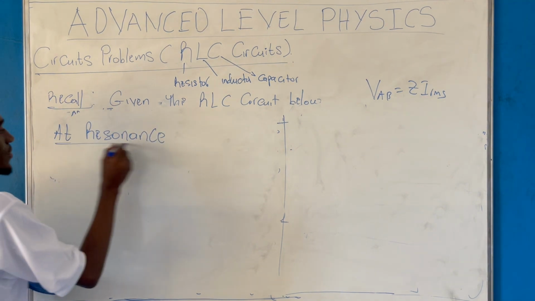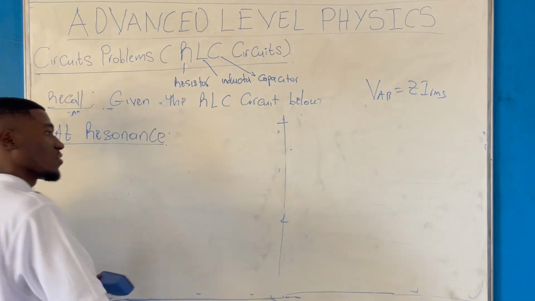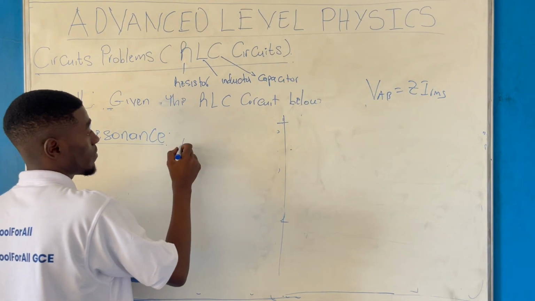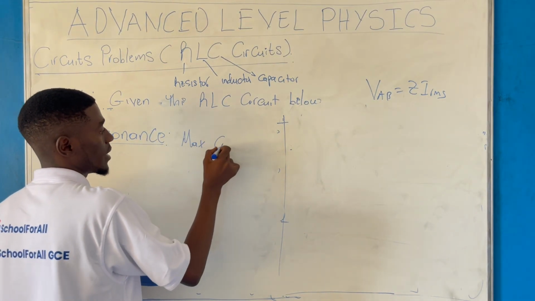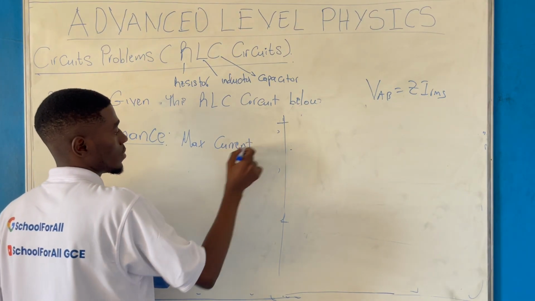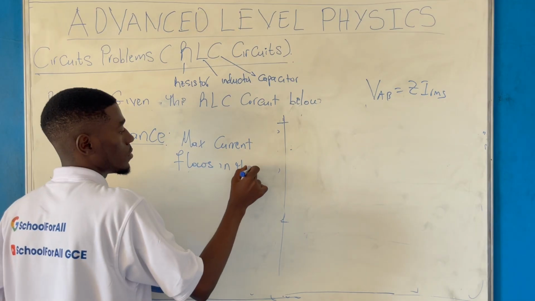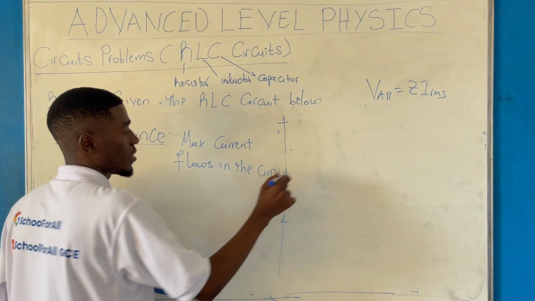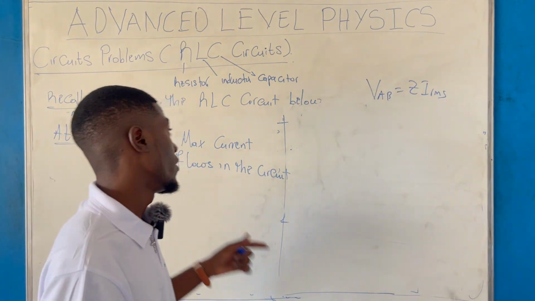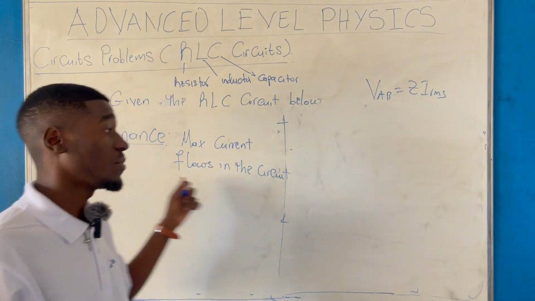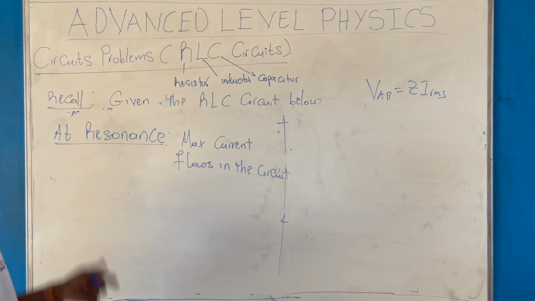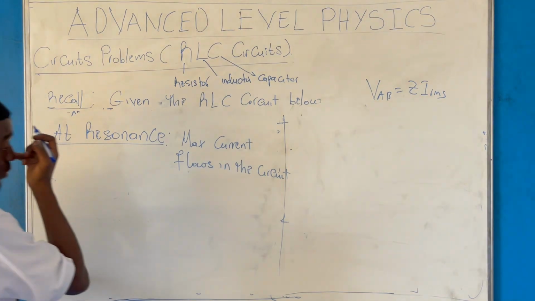When we are talking about resonance, it means that what? A maximum amount of current is flowing in the circuit. So at resonance, maximum current flows in the circuit. Anytime you see in an exercise that they are talking about finding something when maximum current flows in the circuit, it means that phi is at zero. That is a condition for maximum current to flow in the circuit.